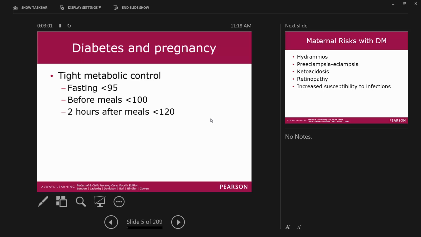Our targets are fasting less than 95, before meals less than 100, and 2 hours after meals less than 120. So they do a lot of 2-hour postprandial, after meal blood sugars on pregnant women. It's not always the typical before meals testing.